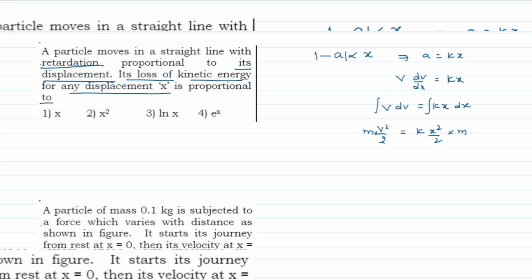So loss in kinetic energy, this is nothing but the body is going to be stopping. Here this is the kinetic energy loss you can take, which is directly proportional to how it is related to the x value they are asking. So k, m and all the values you can make as constant. Here you can take it as directly proportional to x square.